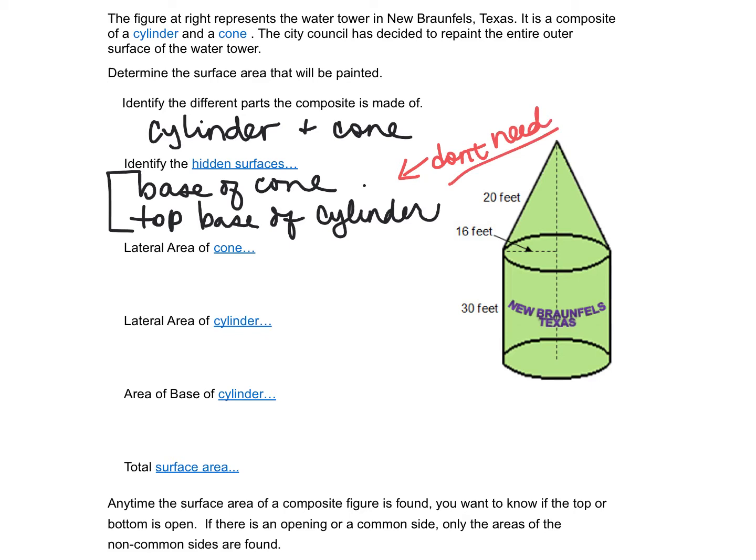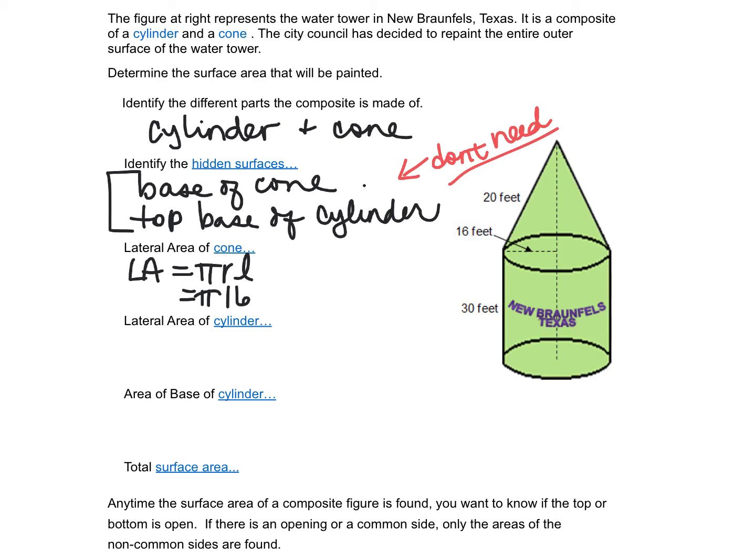All right. So now we're going to find the lateral area of our cone. So from here, we get our formula. The lateral area of a cone is pi r L. And so here, do we have all of our parts? So we have pi. Our radius is 16.